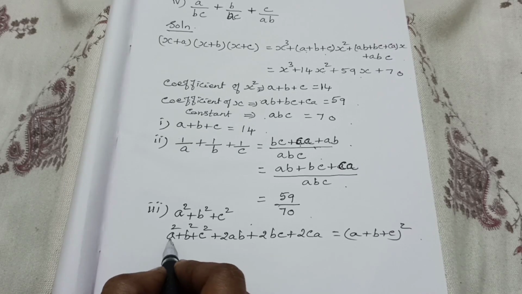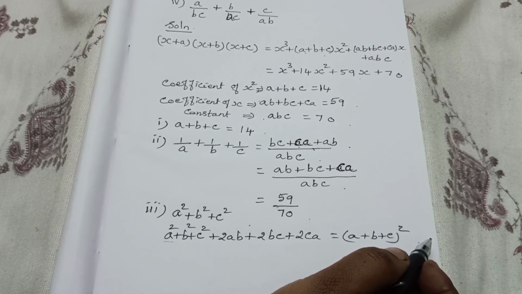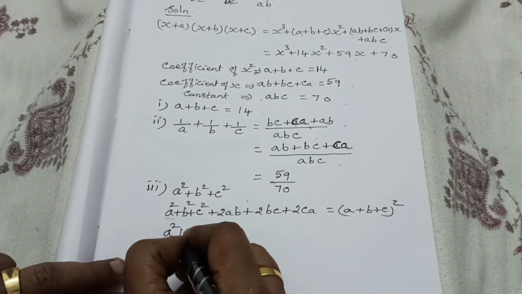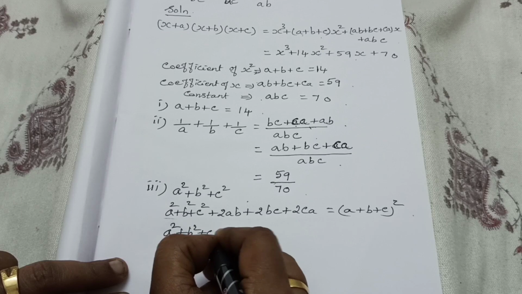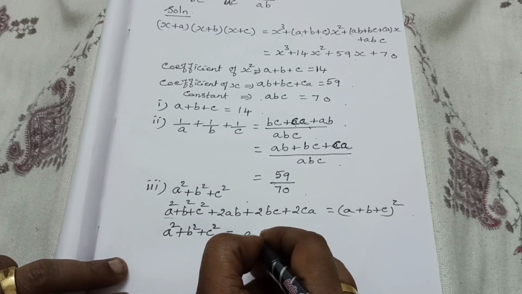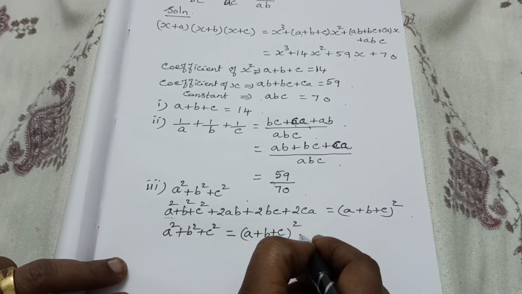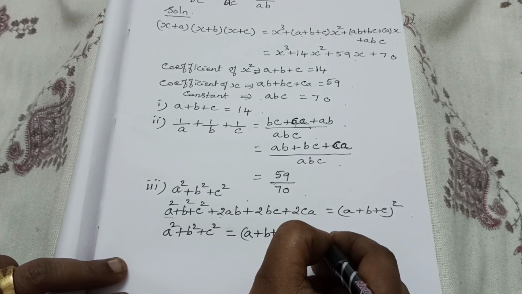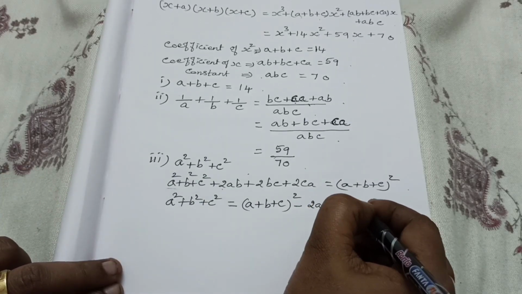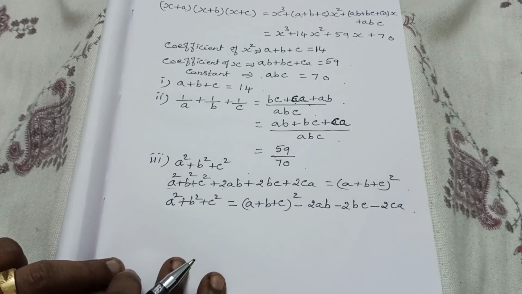Okay? We need a square plus b square plus c square. Remaining everything we have to bring to the next side. Shall we bring? a square plus b square plus c square is equal to, okay, a plus b plus c the whole square minus 2ab, then minus 2bc minus 2ca.